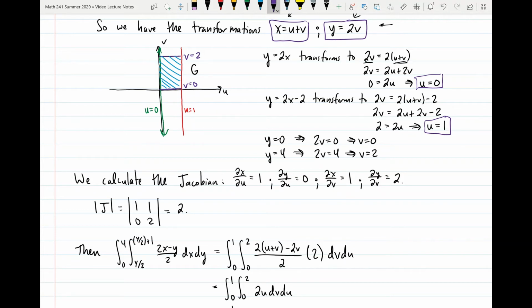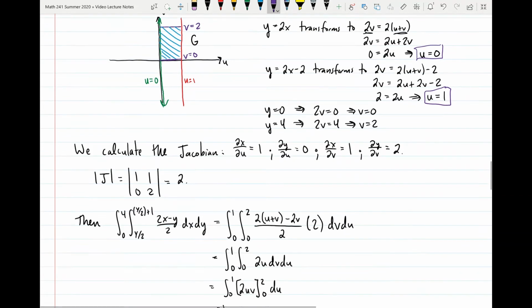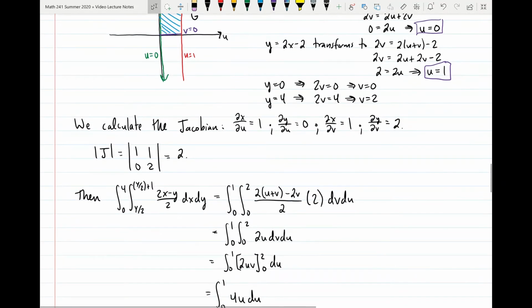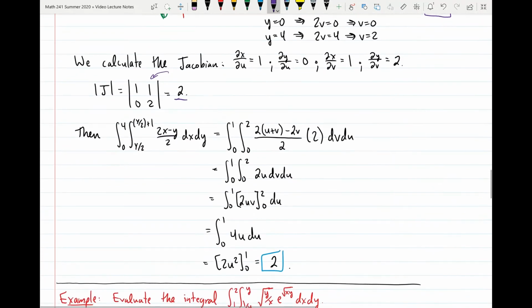And partial y with respect to v is equal to 2. So we have all of our different partial derivatives. We take the partial derivatives and plug them into the corresponding 2 by 2 matrix, and we take the determinant of that 2 by 2 matrix and we get 2. So the absolute value of the Jacobian is just going to be equal to 2.